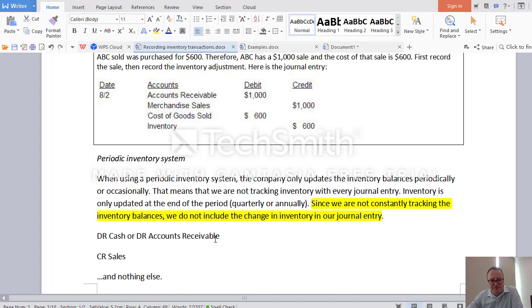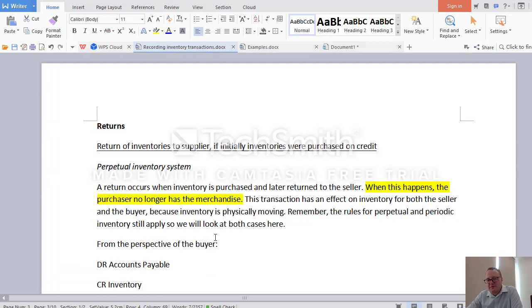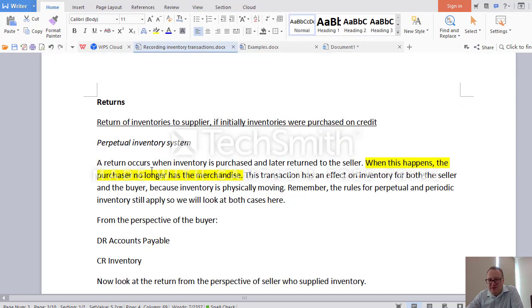Now, what about returns? Returns means that your client returns the inventory and he will not have that inventory anymore, but you will have more inventory because the inventory came back to you. So we need to look from the perspective of the buyer and the perspective of the seller, and let's start with the perpetual inventory system as well.